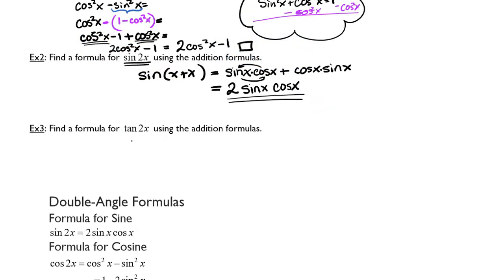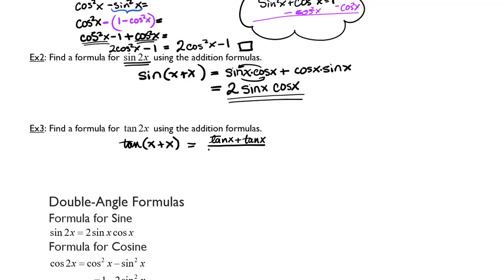And now we're asked to find a formula for tangent of 2x. So we'll do the same thing over again. Remember that if you have two angles for tangent and you're adding them together, we take the tangent of the first plus the second. That gives us tangent x plus tangent x.